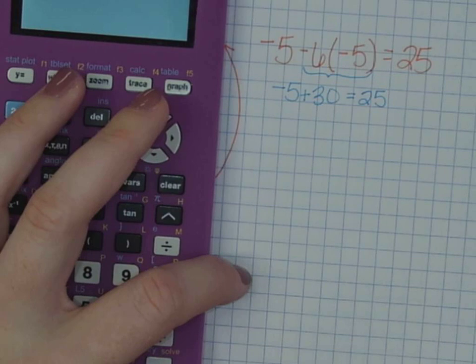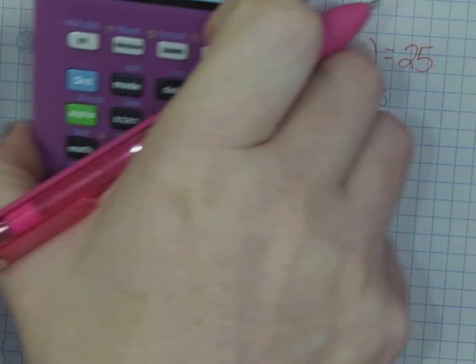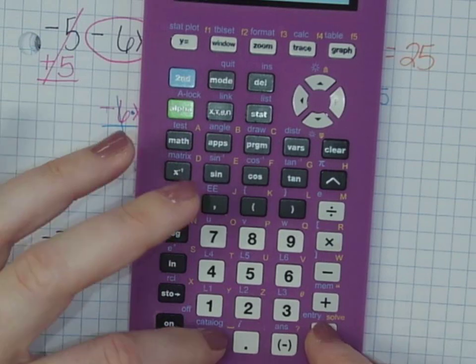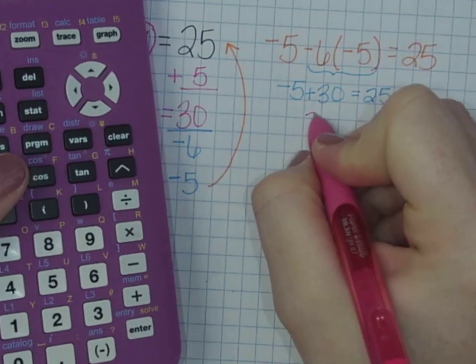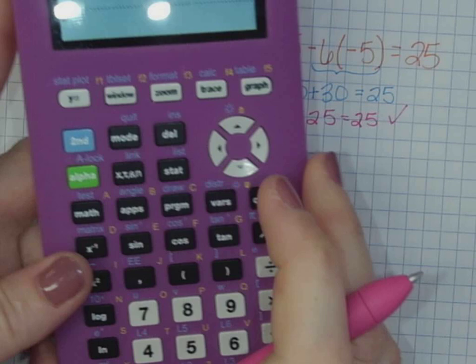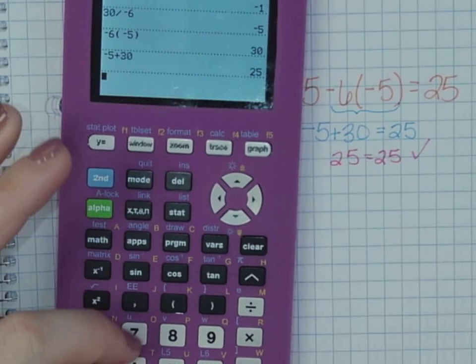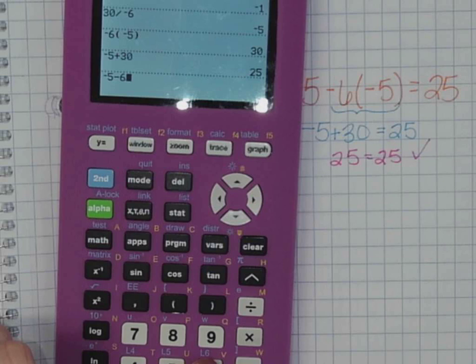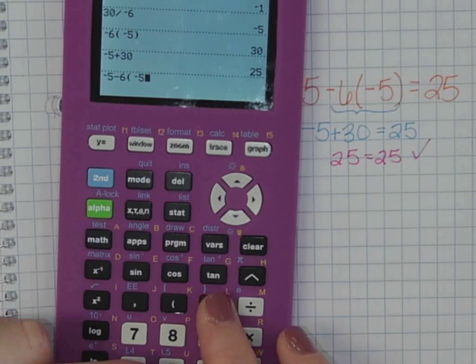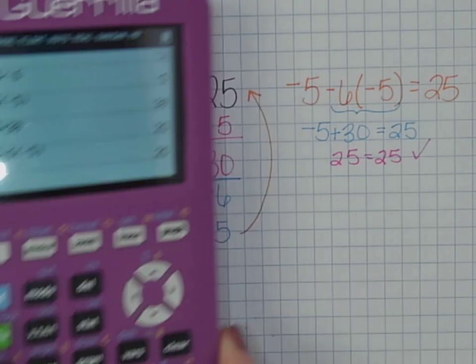Okay, and then negative 5 plus 30 is 25. 25 equals 25. Or watch this, I can type this entire thing in right here. So I can do negative 5 minus 6 times negative 5 is 25.